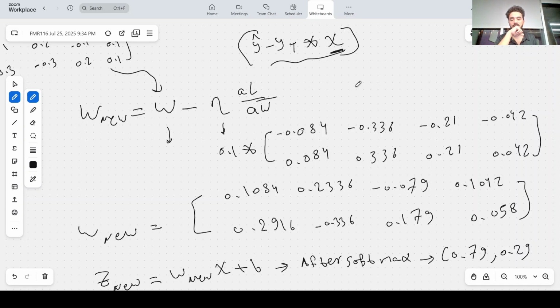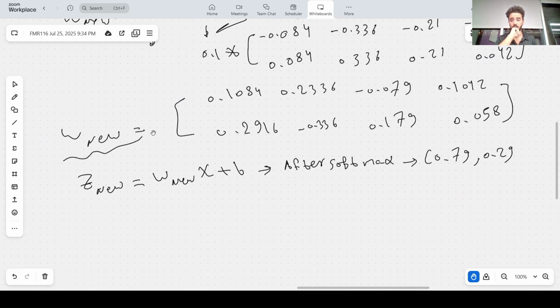And upon doing this, you will get this matrix. And the learning rate, you pick the learning rate. It's usually between 0.1 and 0.01, up to you how you want the model to keep learning. Here we use 0.1 to accelerate it.